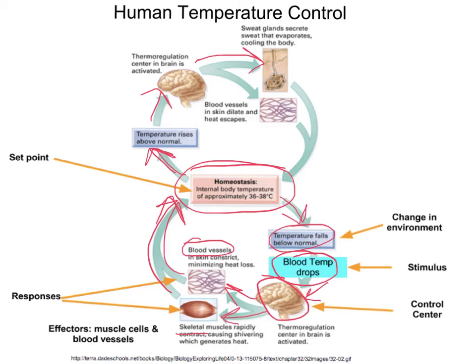One effector, the sweat gland, and another effector, of course, blood vessels. And then the effectors are going to respond. One response from the sweat glands is to produce sweat, which will then decrease our temperature. And our blood vessels, their response is to open, to dilate, and that would hopefully decrease our temperature.